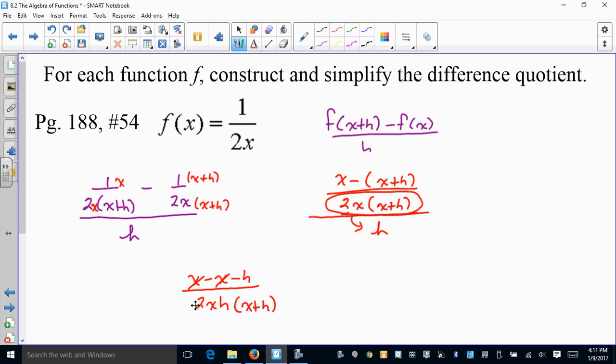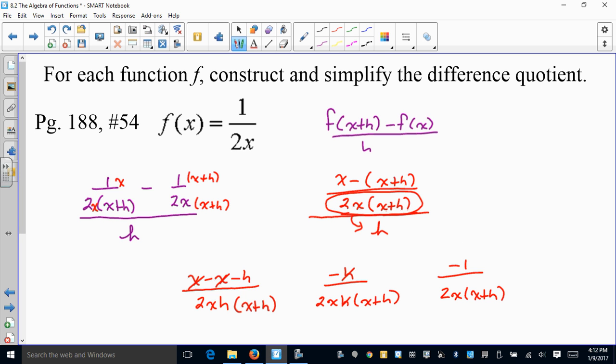So I have a negative h over 2x times h times x plus h. But the h's are going to cancel out, so we're left with negative 1 over 2x times x plus h. No, you do not have to distribute if you don't want to. If you want to, you can. But there you have it. So this would have been the answer on this one.